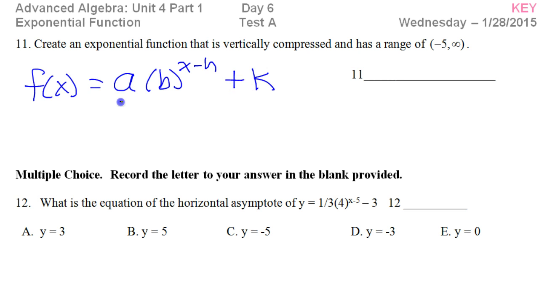The a part is the part that controls whether or not there is a vertical compression or vertical stretch. If this a value is bigger than 1, for example, if this was a 3, that would be a vertical stretch by a factor of 3. But if it is less than 1, not including the negative sign, which would be a reflection, which is a whole other thing.